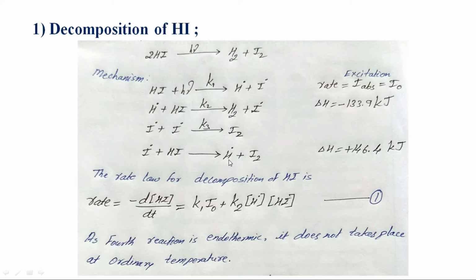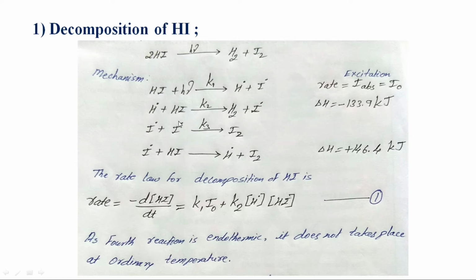Now let us apply steady state principle and the rate law. If we apply the rate law for the decomposition of HI, if we observe, equation 1 and equation 2 are involving dissociation of HI. Fourth equation we are not considering because it is endothermic in nature.